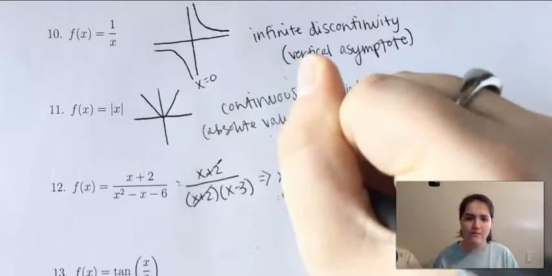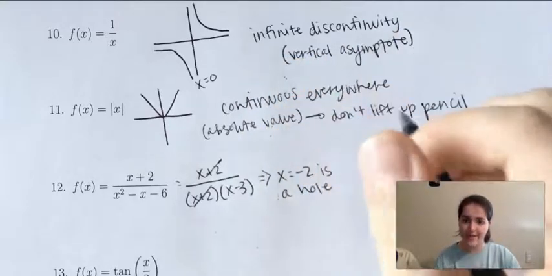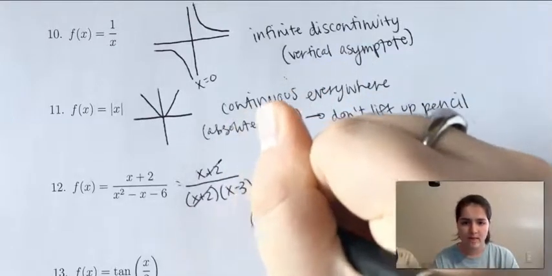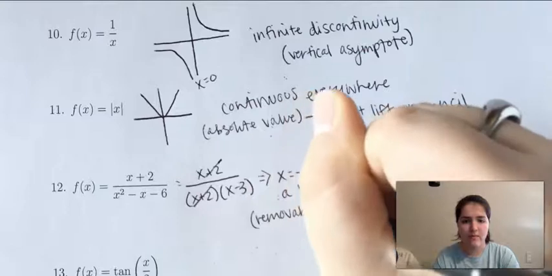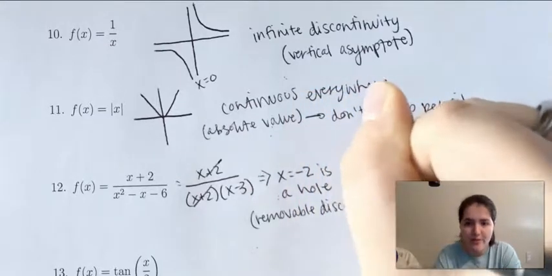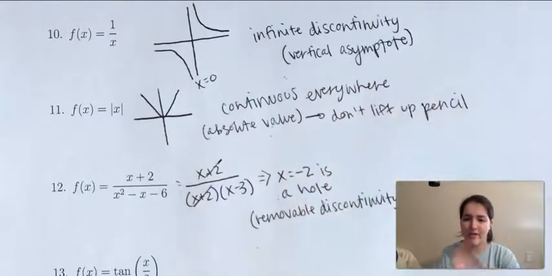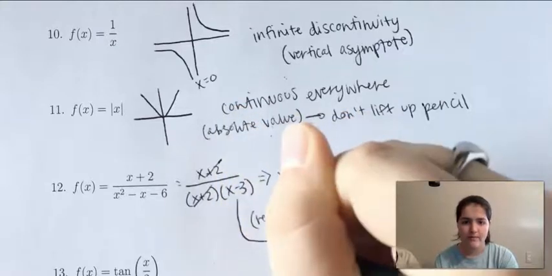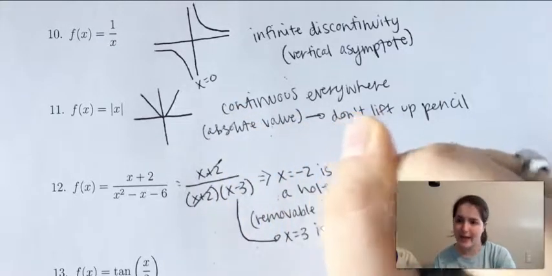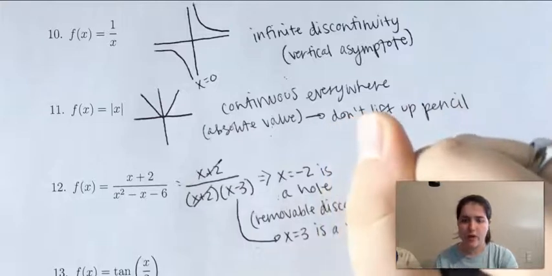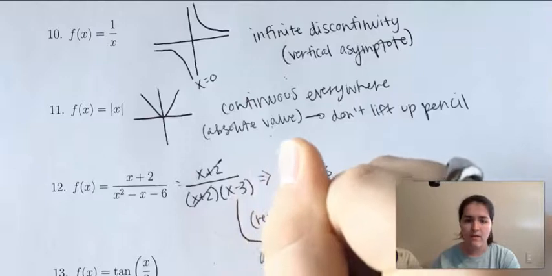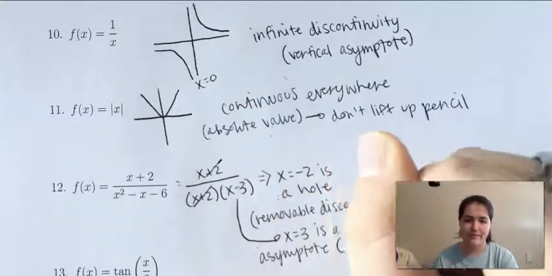And a hole means that the function itself is not continuous. And then when you have a hole, it means it's a removable discontinuity. It's that one single point that makes the function not continuous, as opposed to an asymptote, where an asymptote goes forever in either direction. Holes are that one point.